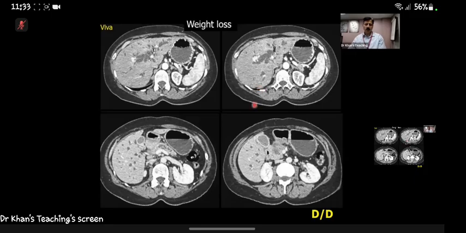Okay, well done. So here what is happening is that this is the pancreas, and the pancreatic adenocarcinoma is a hypovascular tumor, so it attenuates less than the pancreas, and with that it is causing obstruction of the pancreatic duct, as well as the CBD, and intrahepatic duct dilatation is there also.